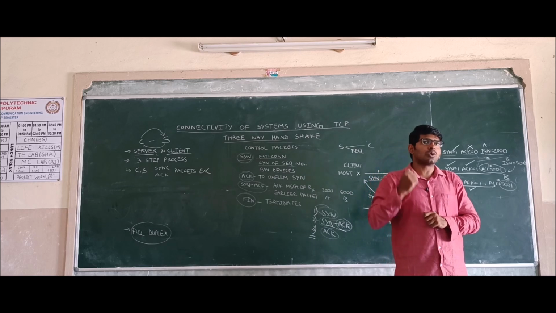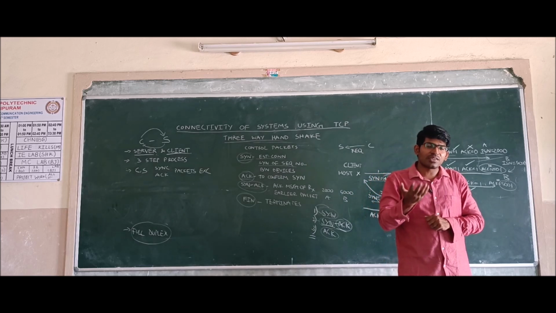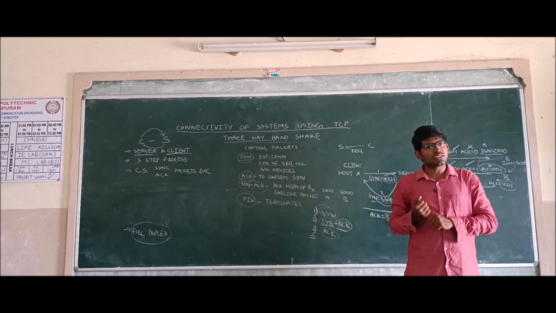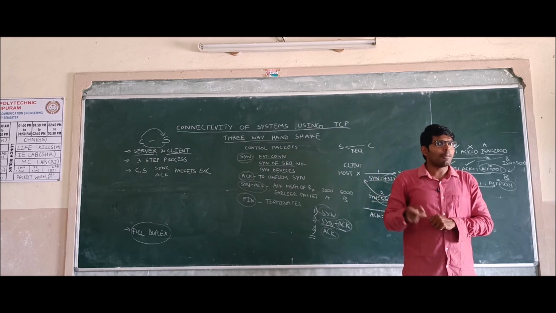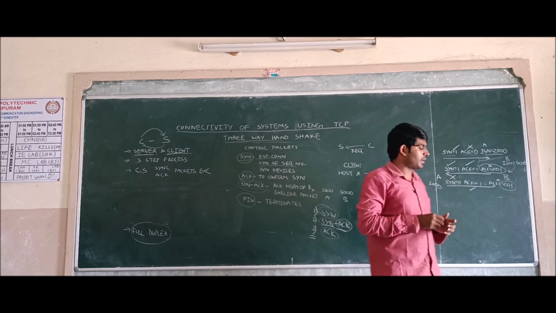Now you may have a doubt. What is this sequence number? Why do we require it? We have already discussed this, but for your benefit we are discussing it again.